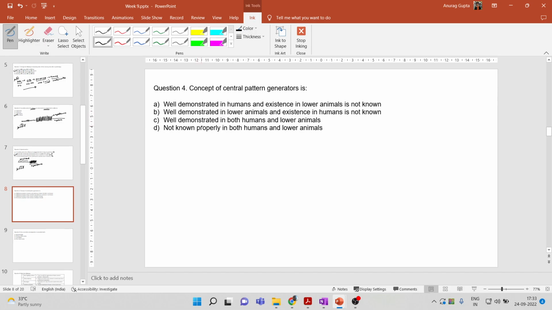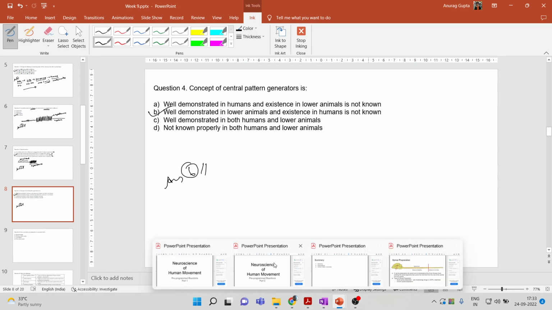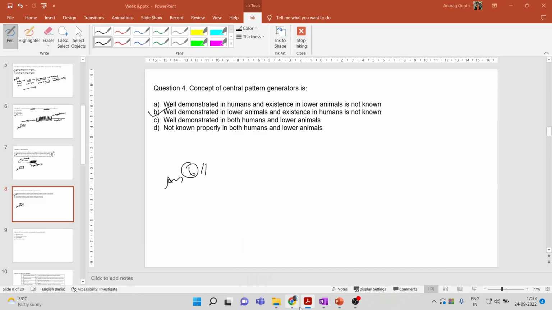There's a lot of controversy about whether central pattern generators exist in humans or not. So it is well demonstrated in lower animals. This is the correct answer. The answer is B. So let me open up the slide which has central pattern generators.